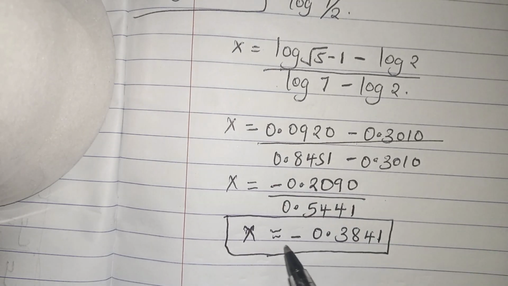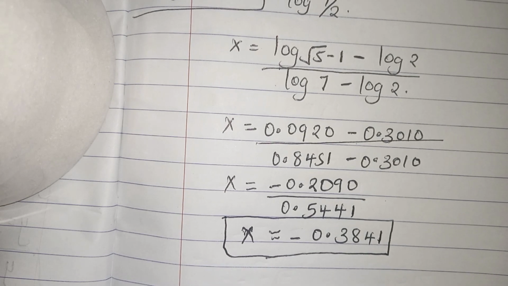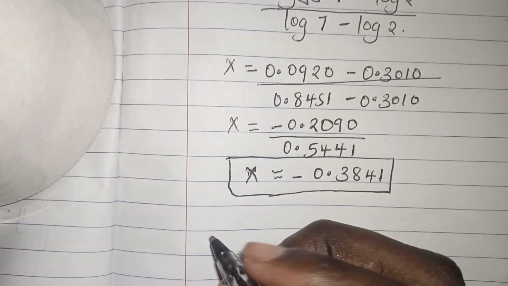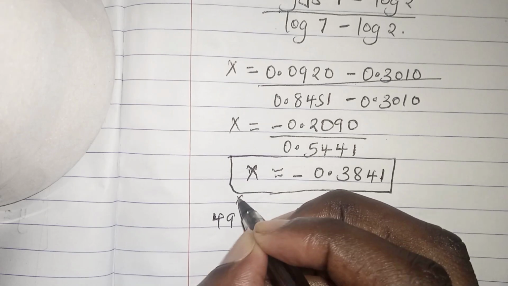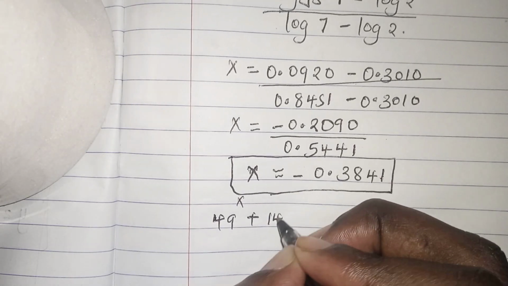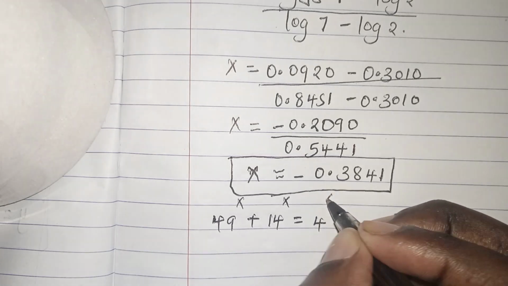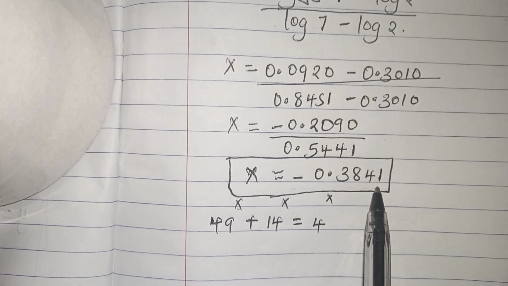So x is equal to negative 0.3841. So let us check to confirm whether x satisfies our equation. Our initial equation was 49 to the power of x plus 14 to the power of x is equal to 4 to the power of x. So we are going to substitute x with this value.